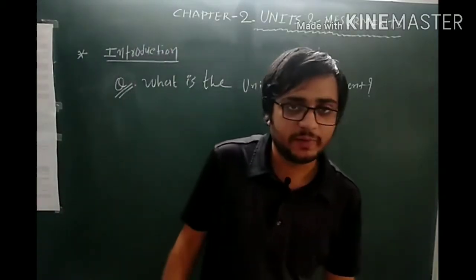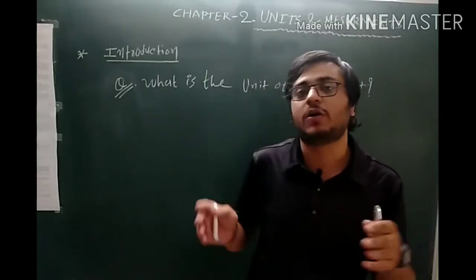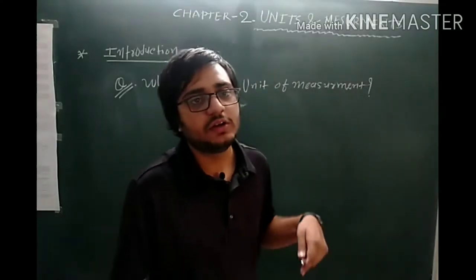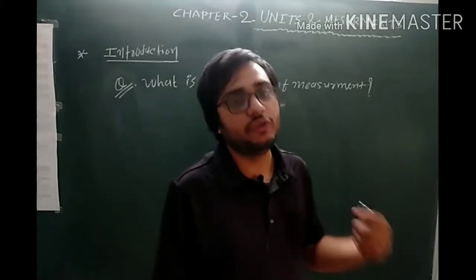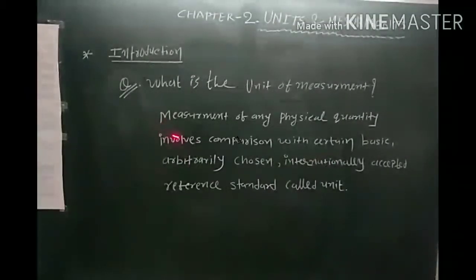When we compare any physical quantity with an internationally accepted standard, that is called a unit of measurement. The measurement of any physical quantity involves comparison with a certain basic, arbitrarily chosen, internationally accepted reference standard, called a unit.